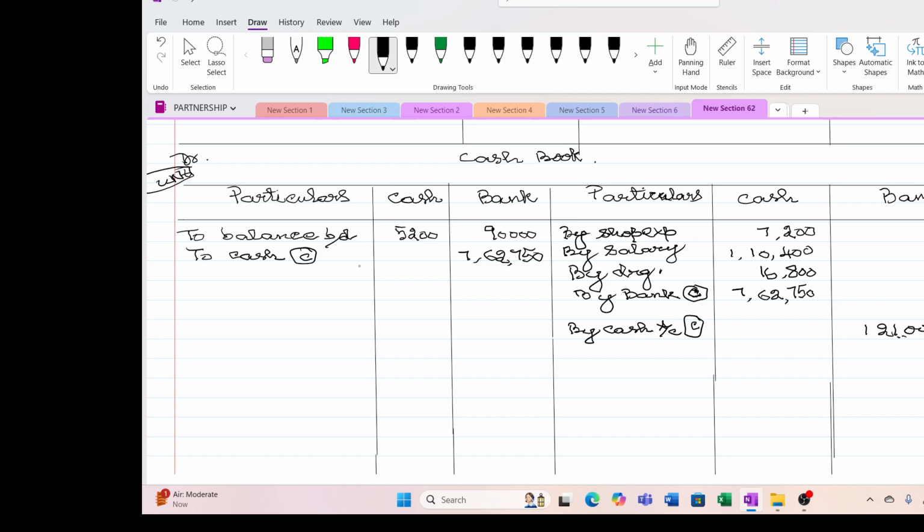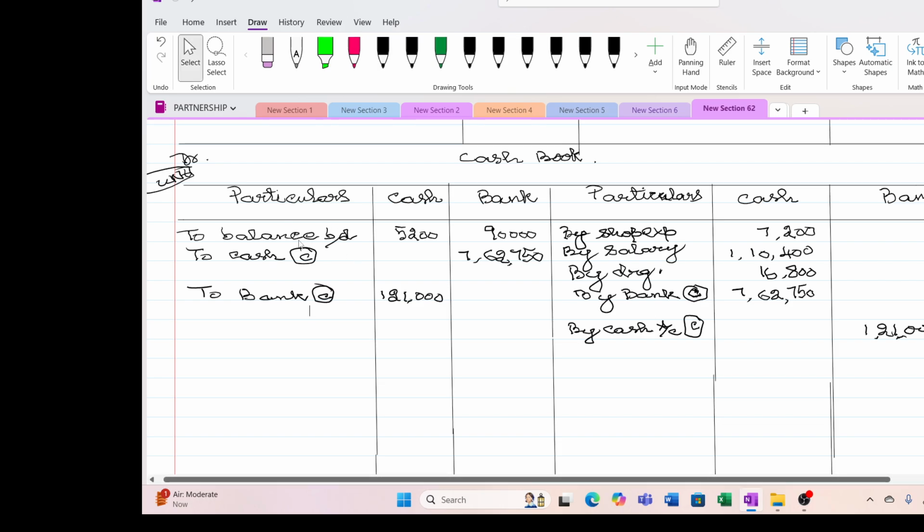And this is not for private purpose, it is for office use. So in office, this amount got deposited, 1,21,000 to bank. This is also a contra entry.